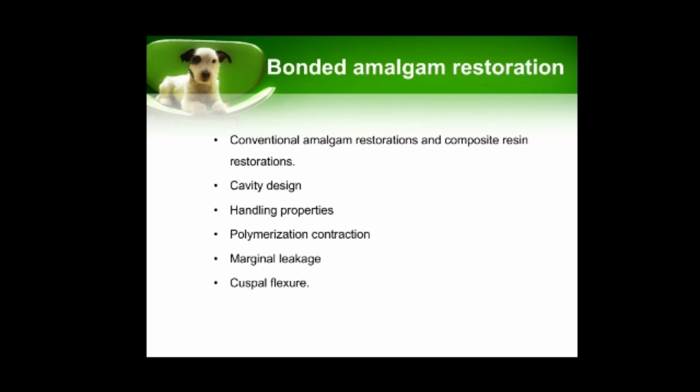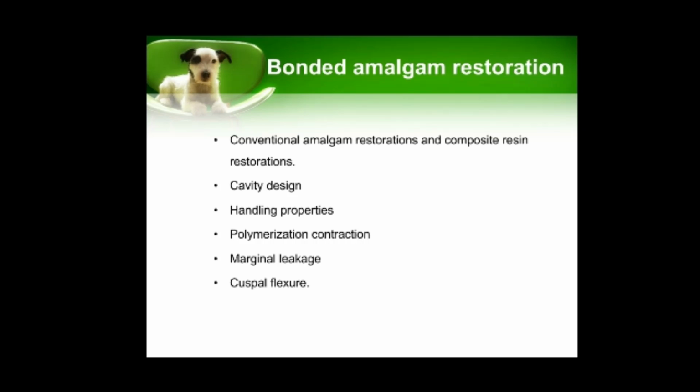For the handling properties, it has good aesthetics and the ability to bond to both the enamel and the dentin by the acid etch technique. It has no polymerization contraction, and bonded amalgam restorations show significantly less marginal leakage when compared to conventional amalgam restoration.